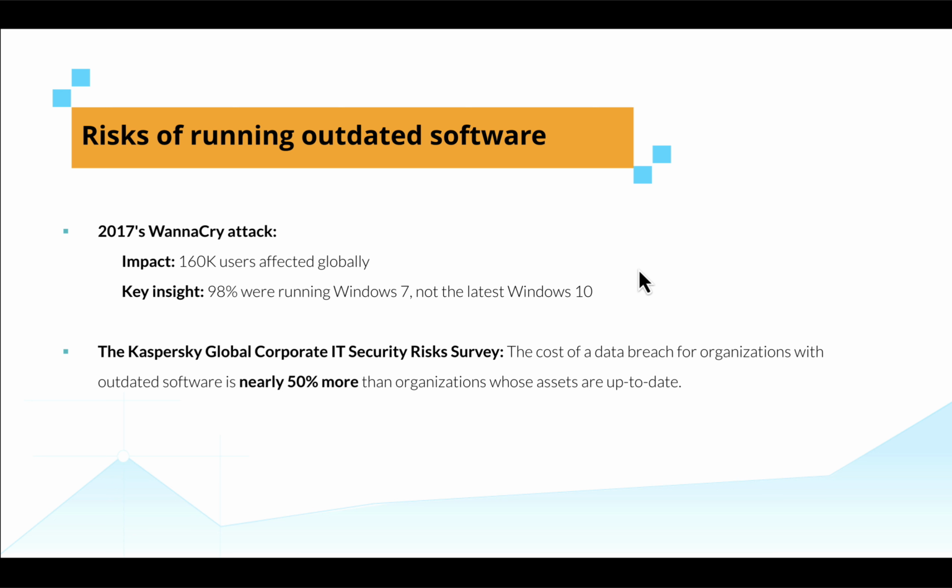And to make things worse, not only do outdated software versions and frameworks increase an organization's likelihood of a breach, but they also make them more expensive. A recent Kaspersky report discovered that the cost of a data breach for organizations with outdated software is nearly 50% more than the organizations whose assets are up to date.